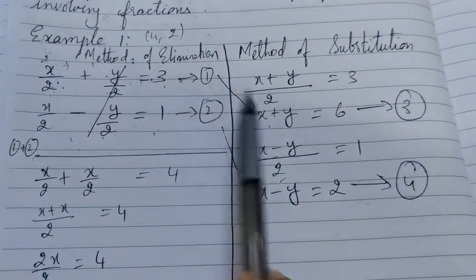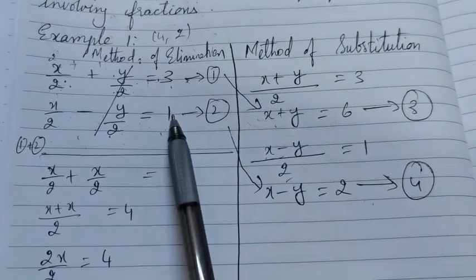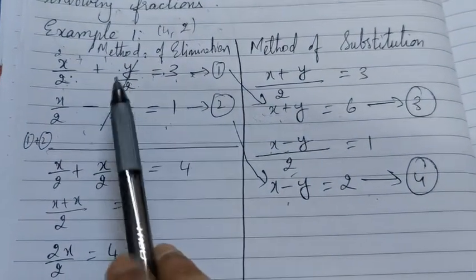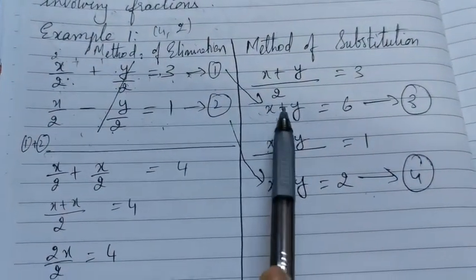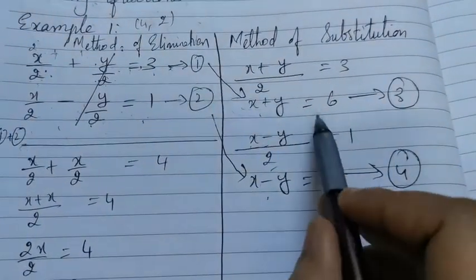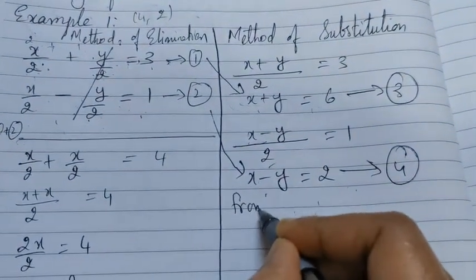My first equation is in the form x plus y is equal to 6, and my second equation is in the form x minus y is equal to 2. We found the LCM and got it in this form. Now with equations 3 and 4, we will continue the usual substitution method.